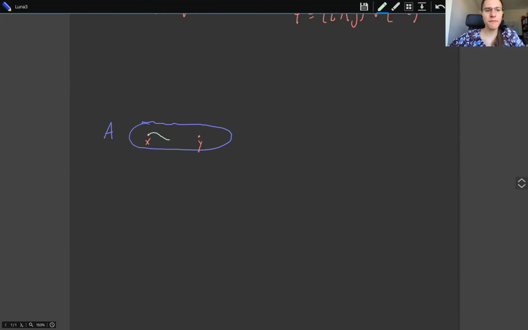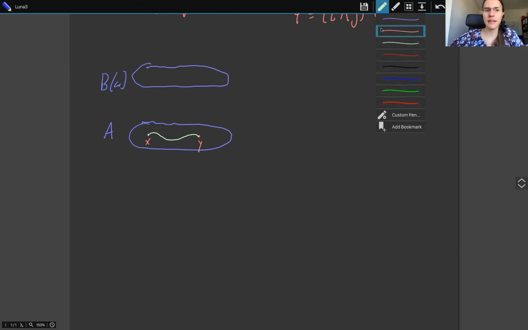And there's a type family living over A. Let's call this B of A. You can think of it as a bunch of fibers living over it, but we're just going to draw it as a blob. But the point is that if I draw a point here, then it's going to live over X. So let's say I have some lift of X to B of X, X prime.